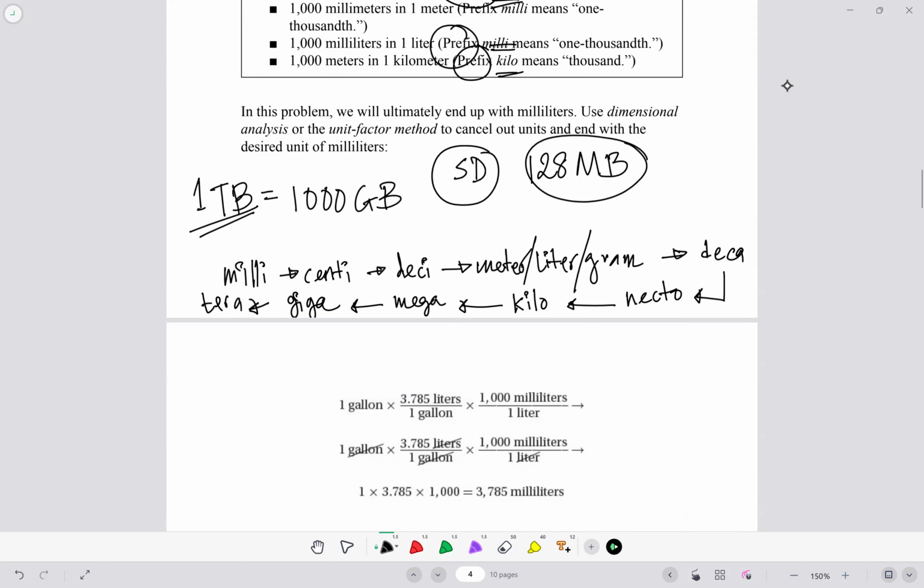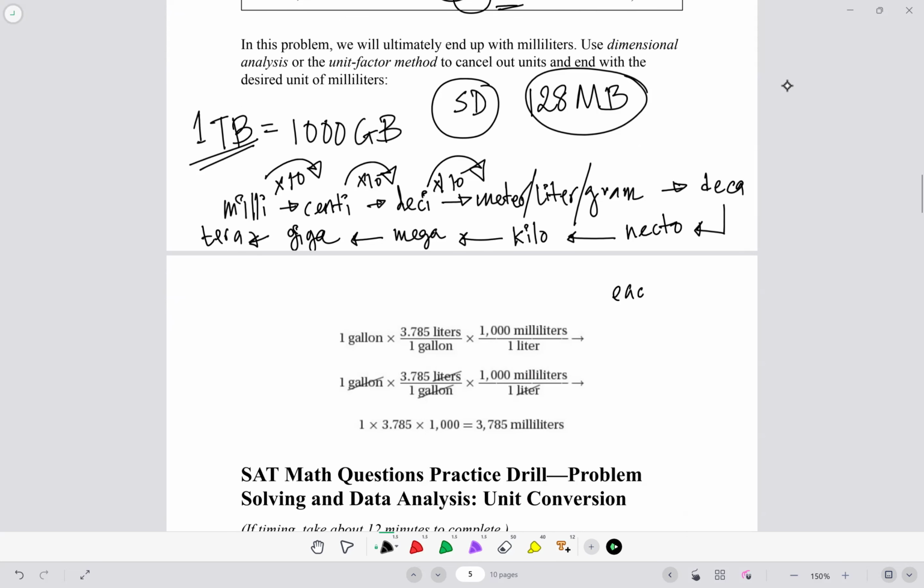So moving from this point to this point, you just need to multiply by 10, and then 10, and then 10. Each step is multiplied by 10.